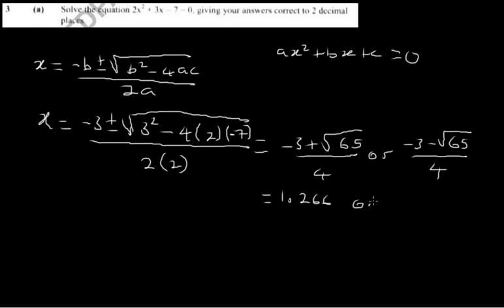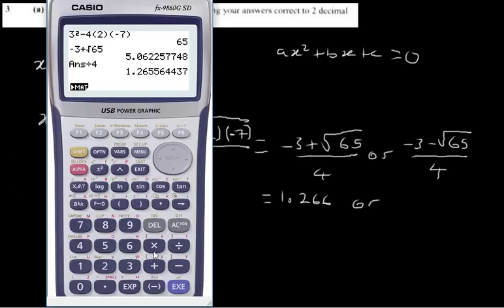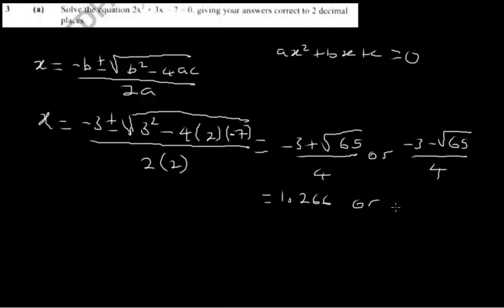1.266, or punch it again onto your calculator as you see it, negative 3 minus root of 65 divided by 4 gives us negative 2.77. So we have negative 2.77, right?